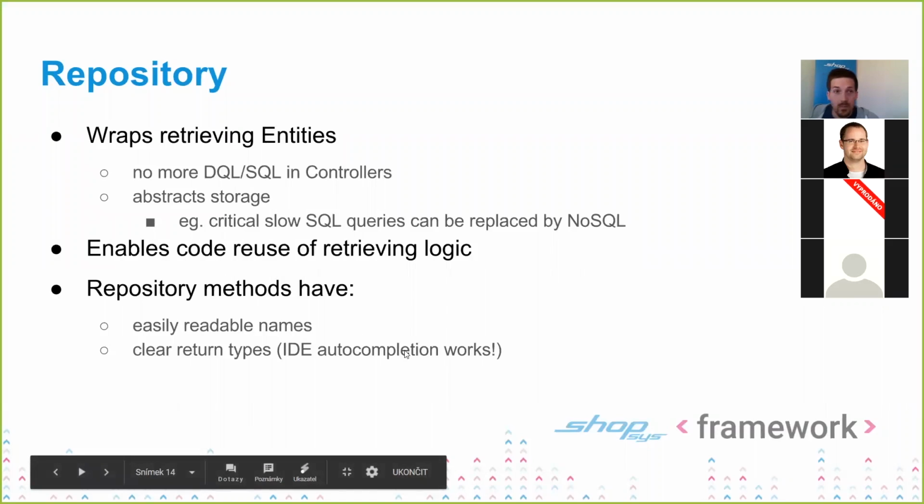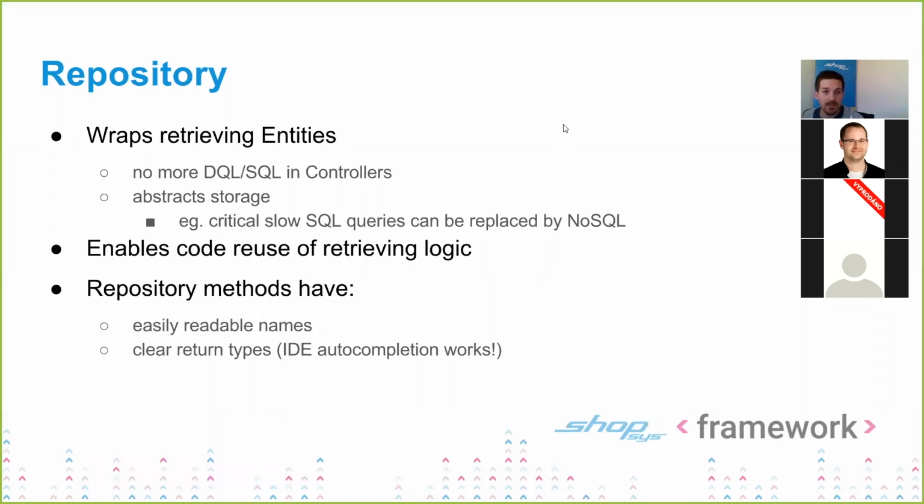Now, repository, as I already told you, is a type of class that takes care of retrieving objects, entities from the database. Repository will help you to hide the actual retrieving logic, like SQL or DQL from Doctrine.